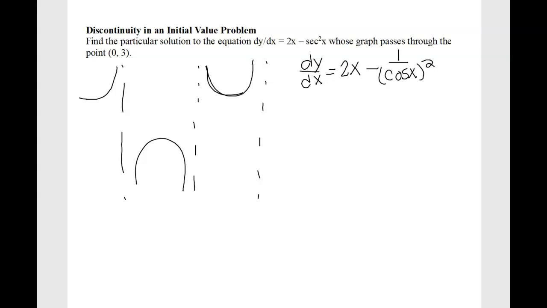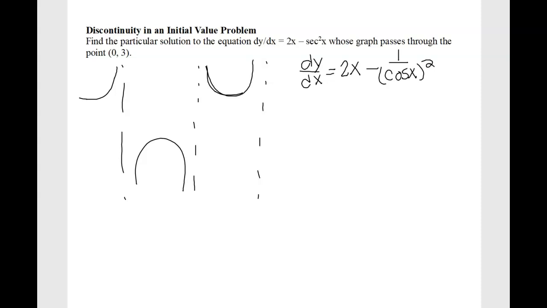So you need to ask yourself, when is the cosine equal to 0? The cosine will be equal to 0 at pi halves. But this graph is manipulated by 2x.